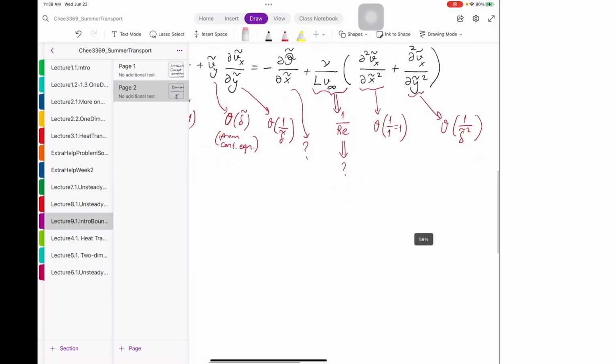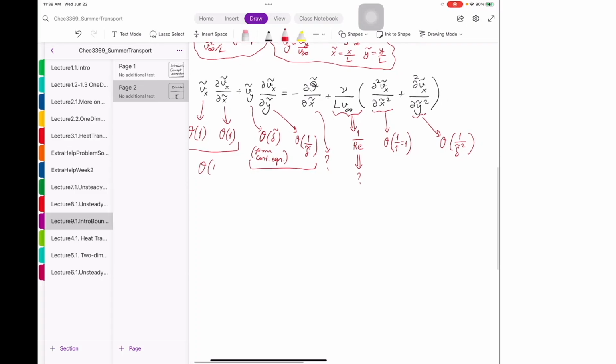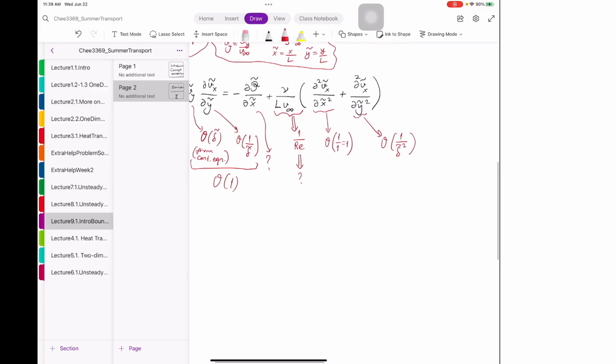And if you have a look at this equation, you see that this term is in the order of 1. And this term is also in the order of 1, because you're multiplying delta tilde times 1 over delta tilde. What does it mean?